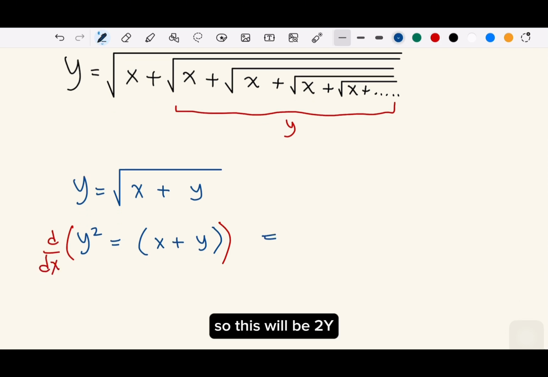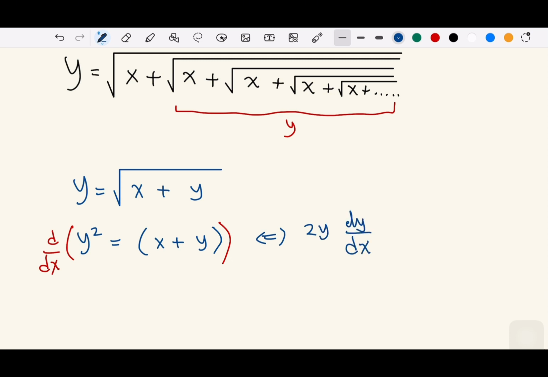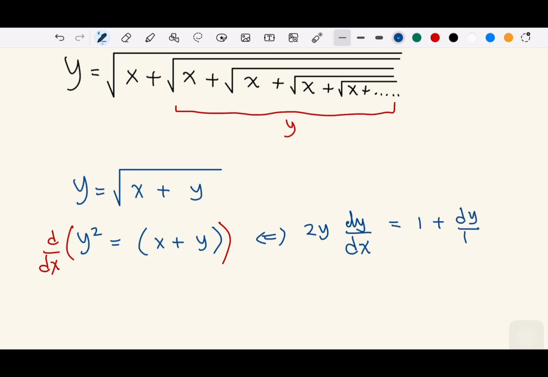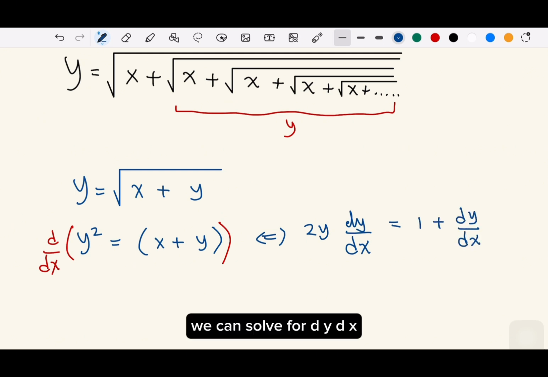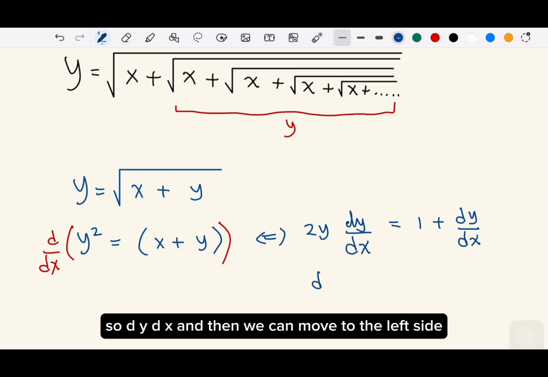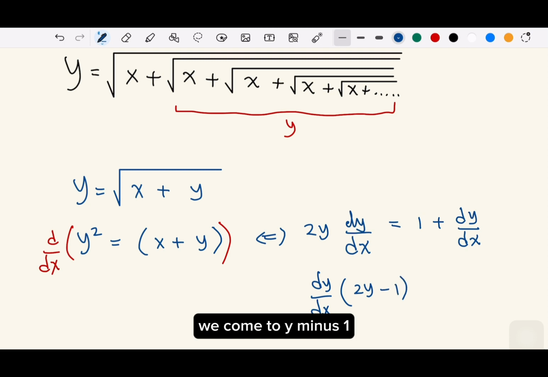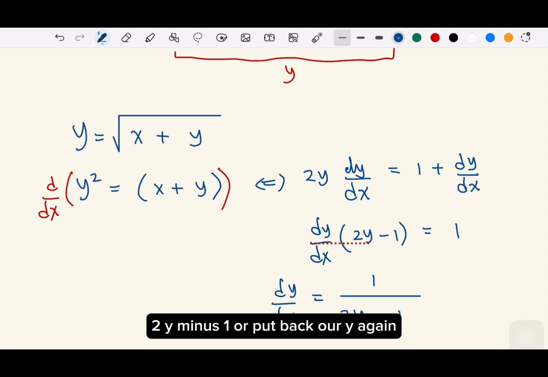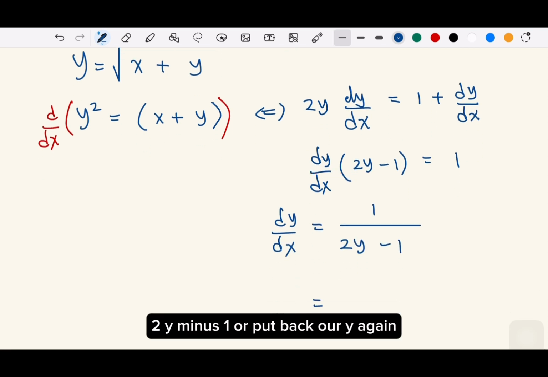So this will be 2y dy dx, and then equal 1 plus dy dx. We can solve for dy dx. So dy dx, and then we can move to the left side, we come to 2y minus 1. Okay, and then this equal 1. So dy dx is 1 over 2y minus 1. Or we put back our y again.